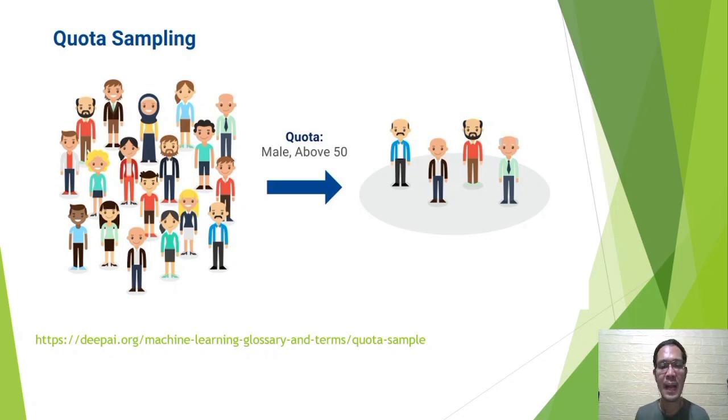For example, if a researcher is conducting a national quota sample, there might be a need to know what proportion of the population is male and what proportion is female, as well as what proportions of each gender fall into different age categories, race or ethnic categories, educational categories, and so on. In this case, the researcher would then collect a sample with the same proportions as the national population.